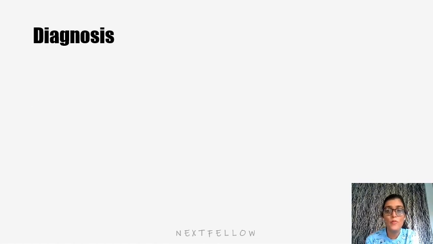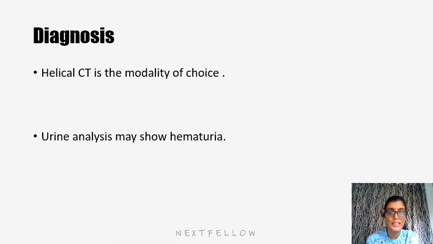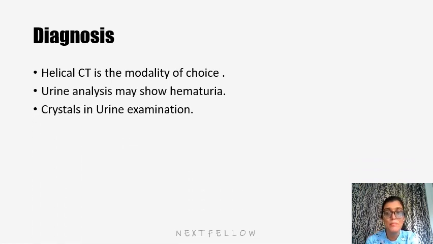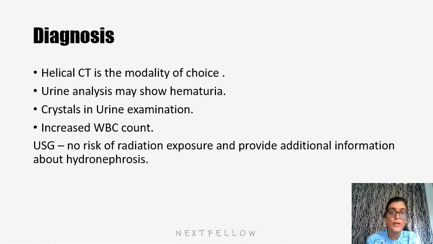Now coming to how you will diagnose a case of nephrolithiasis. Helical CT is the modality of choice. On CT scan, you can usually see the majority of the stones, which can be missed on USG. Urinalysis may show hematuria. You will see different types of crystals in urine examination, such as calcium phosphate and calcium oxalate. There will be leukocytosis, an increase in the WBC count.